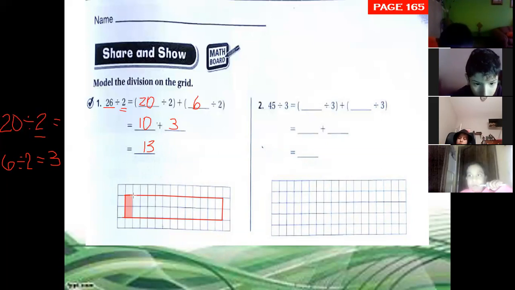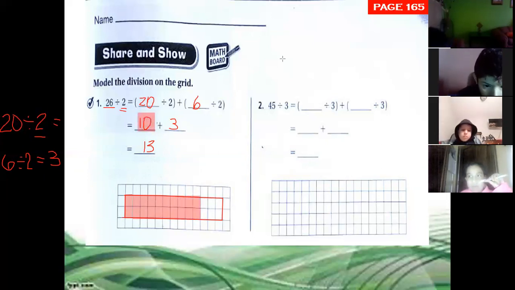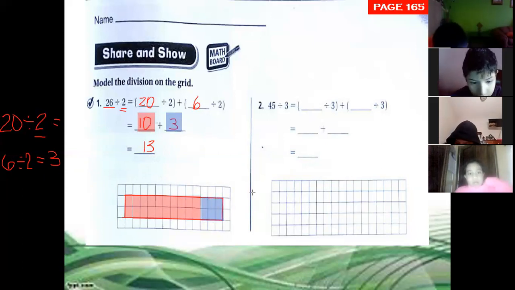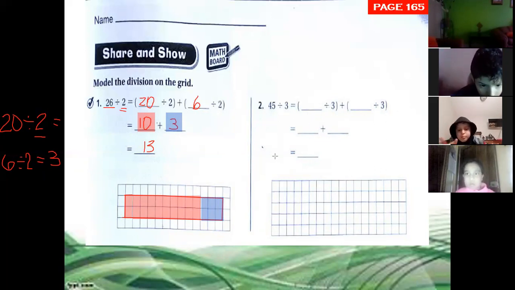Let's color 10. 1, 2, 3, 4, 5, 6, 7, 8, 9, and 10. Now we're going to color the second part, this 3, in another color, in blue. 1, 2, and 3. Now we know how to separate the model into the 2 parts.